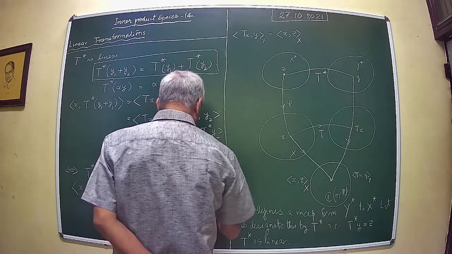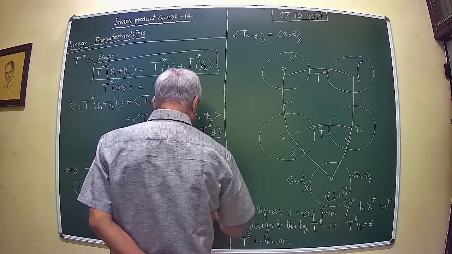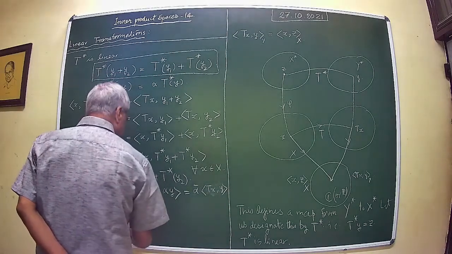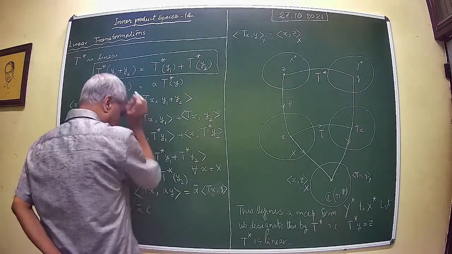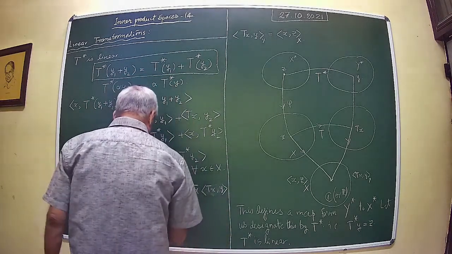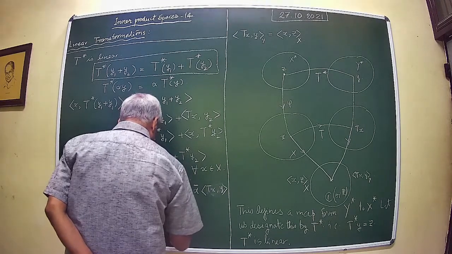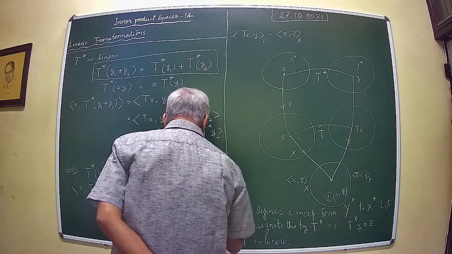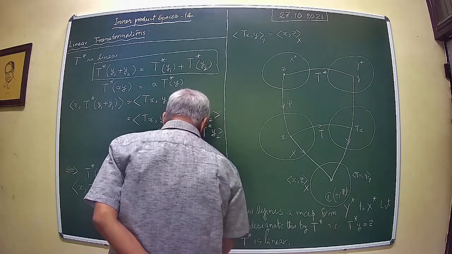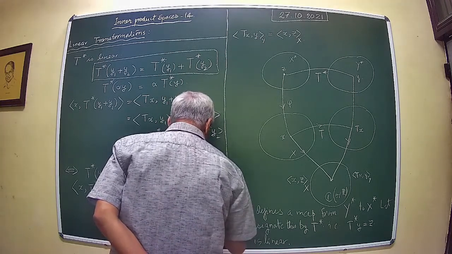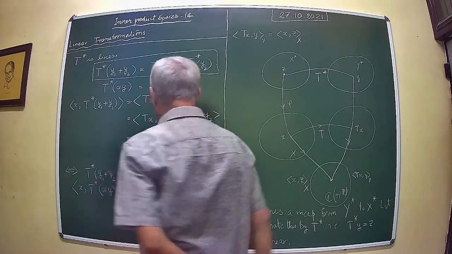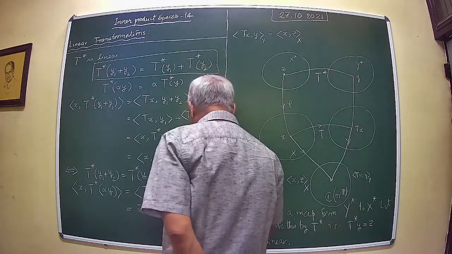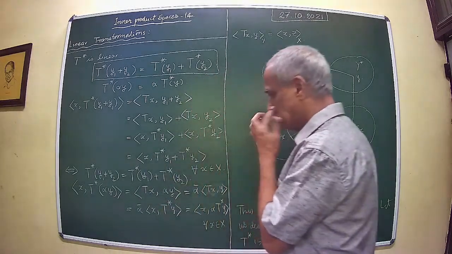X, Tx y, which is equal to alpha conjugate x, which is equal to x, alpha conjugate will go inside, it will become alpha, right. And that is true for every x. Therefore, what do you get?